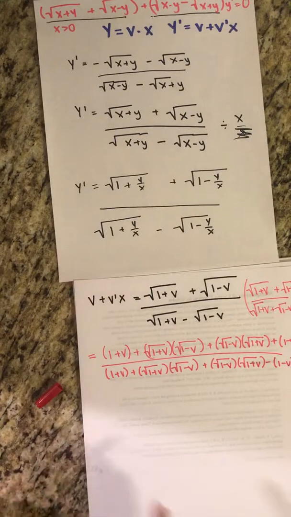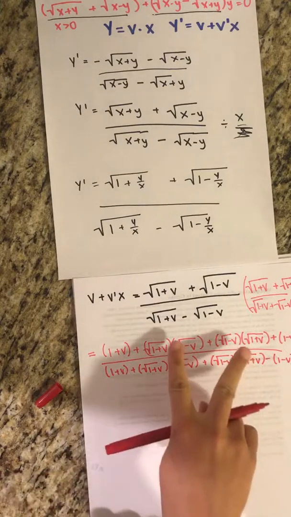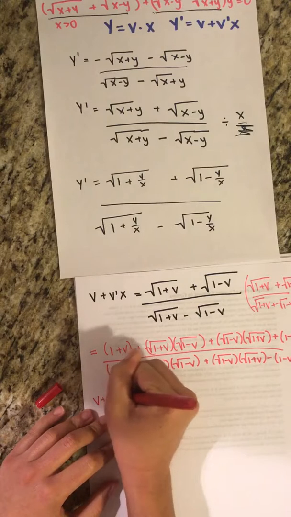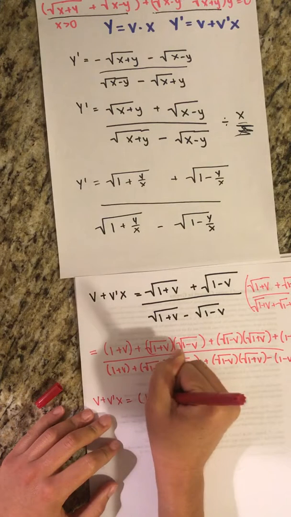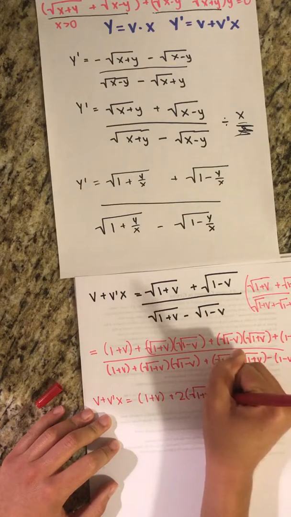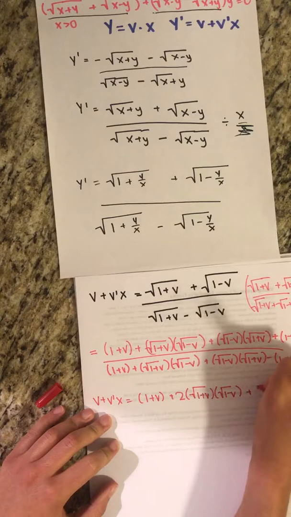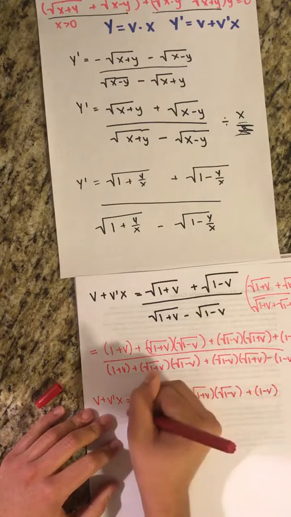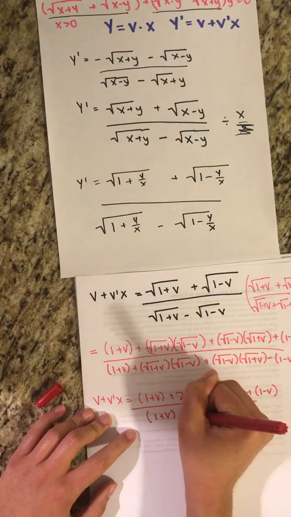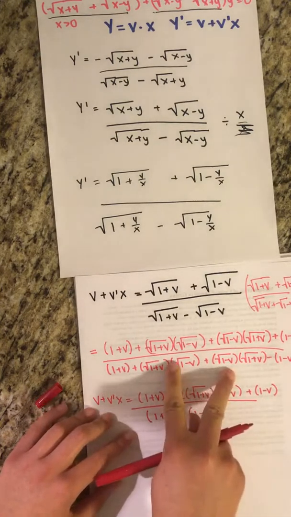And then I can cancel out, as you can see, like this can cancel and then these can combine. So then I get equals 1 plus v, and that's the non-denominator because it's canceled.